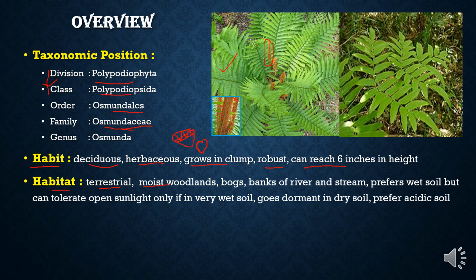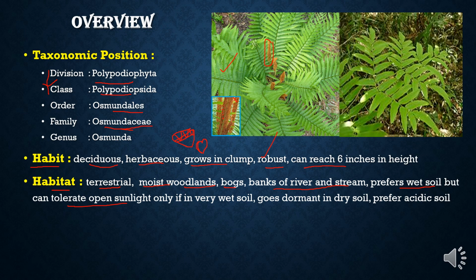This is a terrestrial fern, mostly found in moist places, that is moist woodlands, bog areas, riverine areas as well as stream banks. Though it prefers very wet soil, because it is a robust species it can tolerate sunlight.